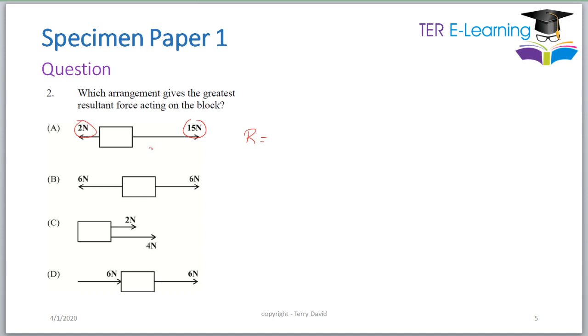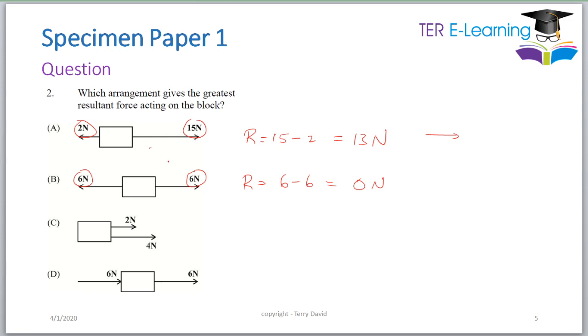My resultant force is going to act to the right hand side, and it's going to be 15 minus 2, which is equal to 13 Newtons. In the case of the second one, we have 6 Newtons acting to the left and 6 Newtons acting to the right. Therefore my resultant force is 6 minus 6, which is 0, because we have two equal forces acting in opposite directions.